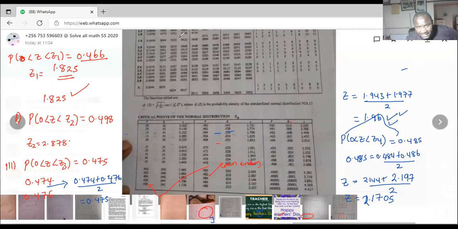If it is not lying there, but you see it lies between two values, you get the average of the probability to confirm what you have. You also get the average of the Z values.